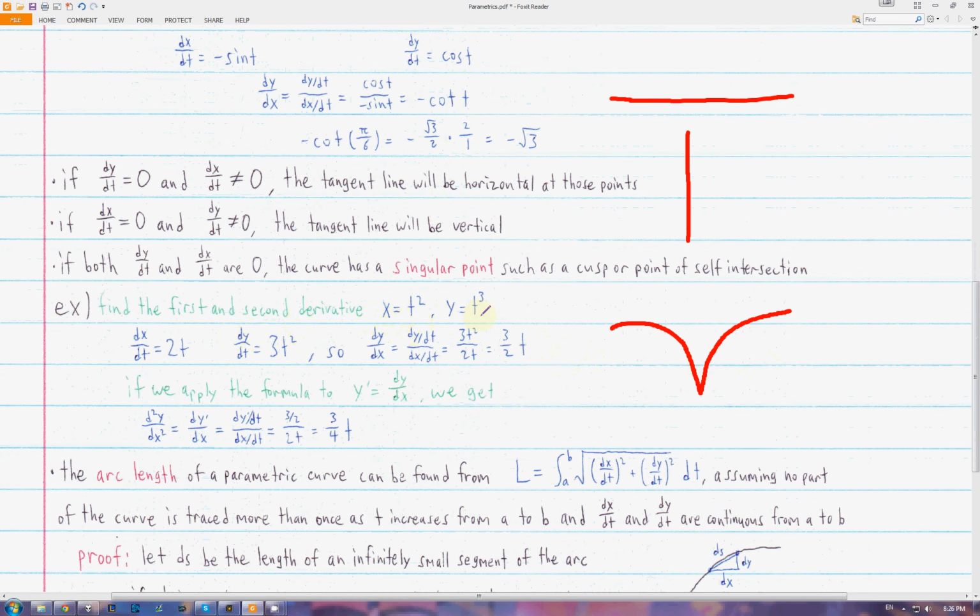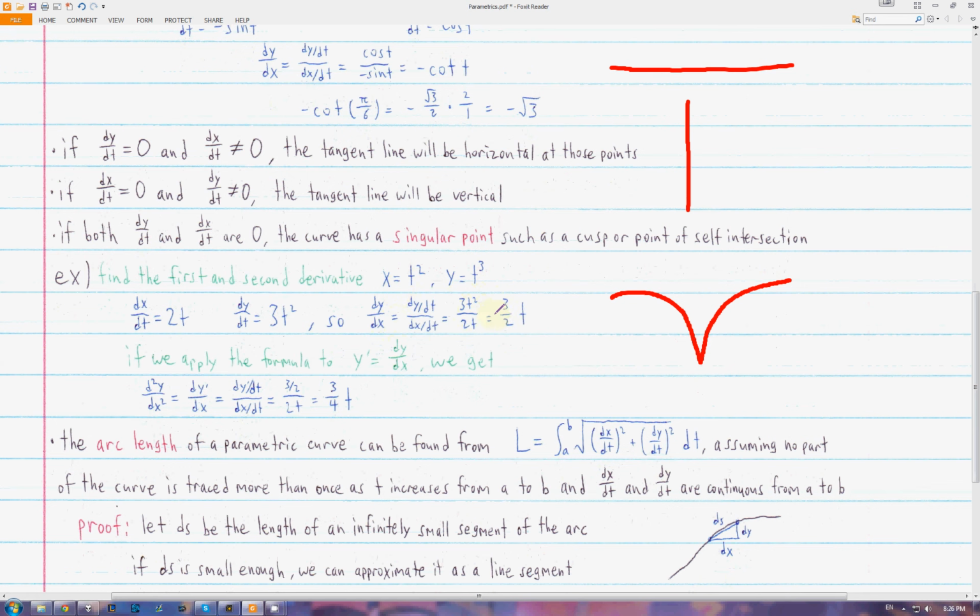So here's another example of finding the derivative of a parametric equation. Again, for the first derivative, we differentiate the two equations separately with respect to the parameter, and then divide dy/dt by dx/dt. And so we get the first derivative.